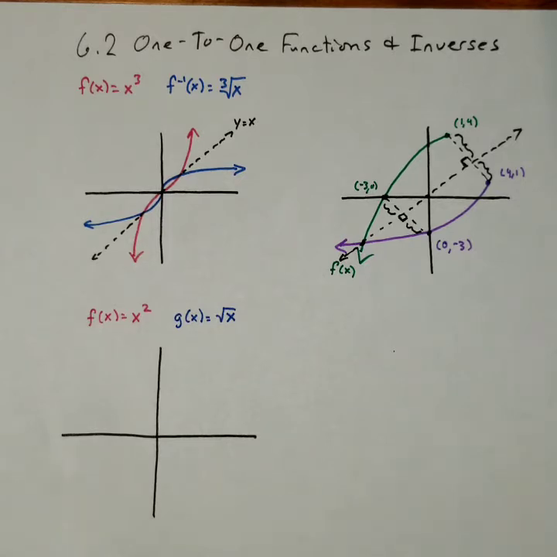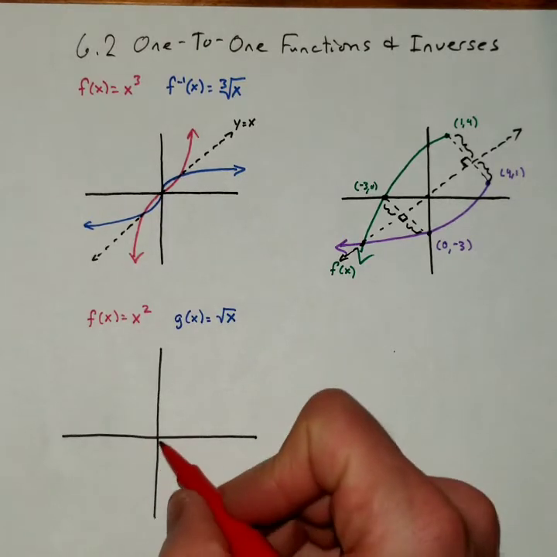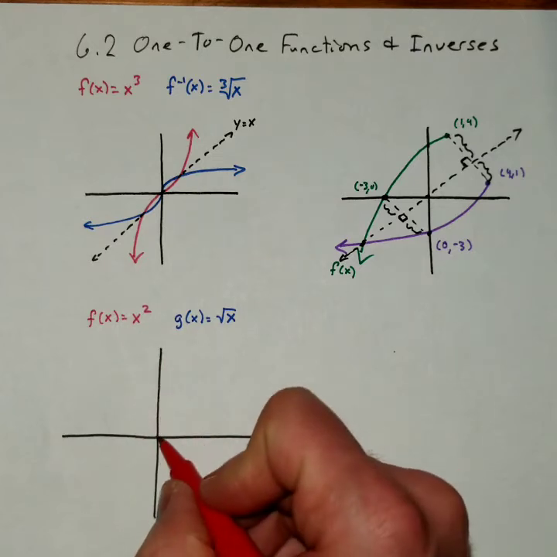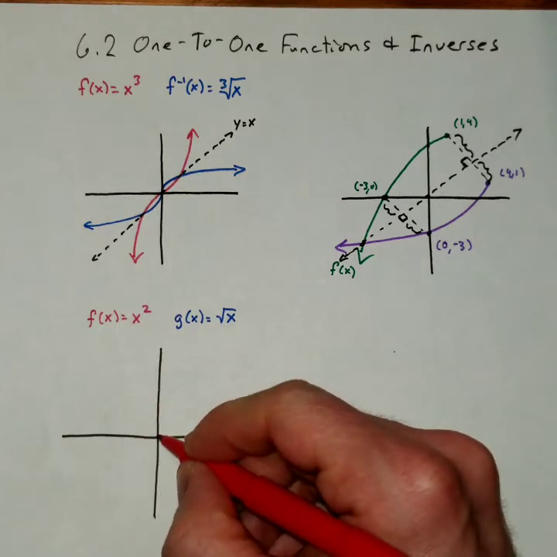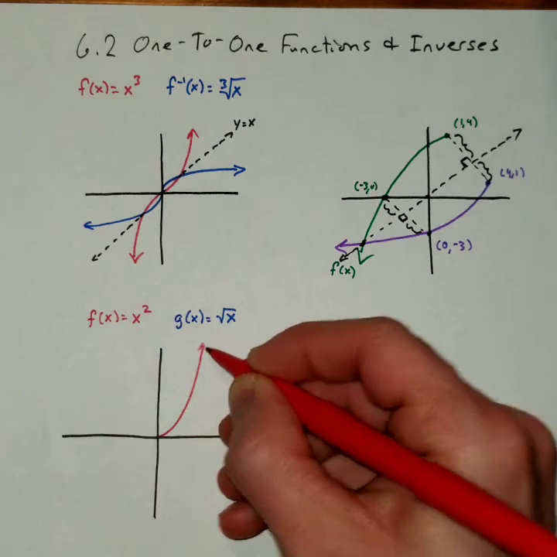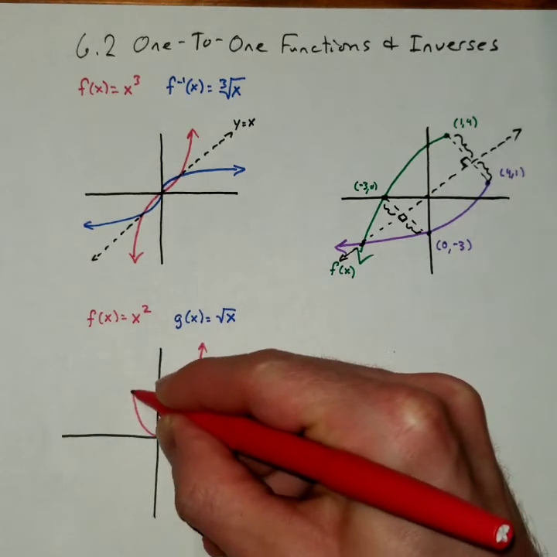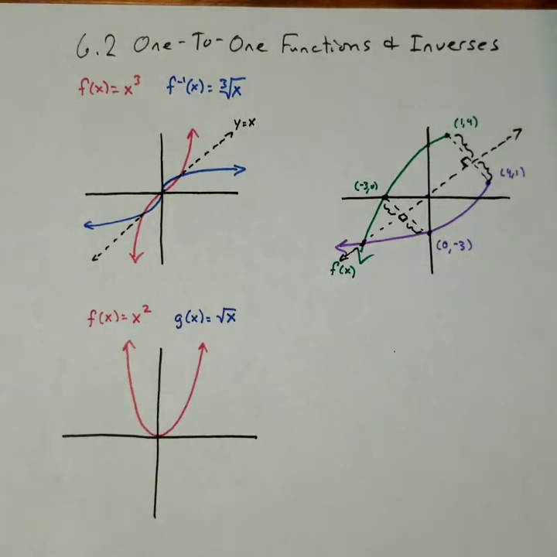With the x squared function, we know that that's a parabola. Starts at the origin, opens up. Okay. So that's our x squared function.